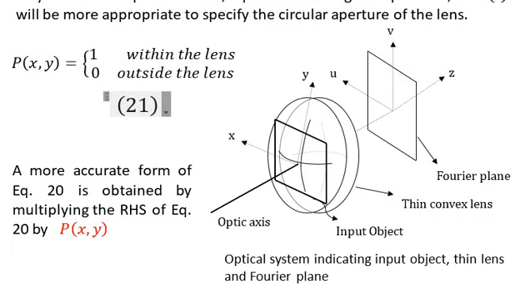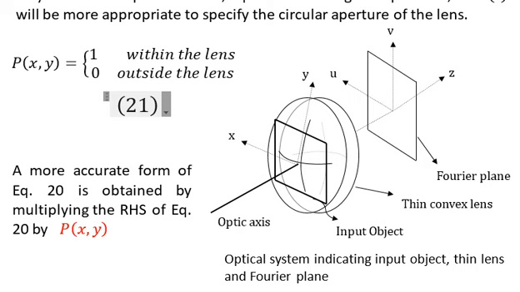You see that in the figure we have shown some essential parameters of the optical system described above. The optical axis is along the z axis, passing through the center of the lens, the center of the input object, and the center of the output plane. The input plane is the xy plane where the input object exists, and the lens also exists at the same plane because it is a very thin lens.